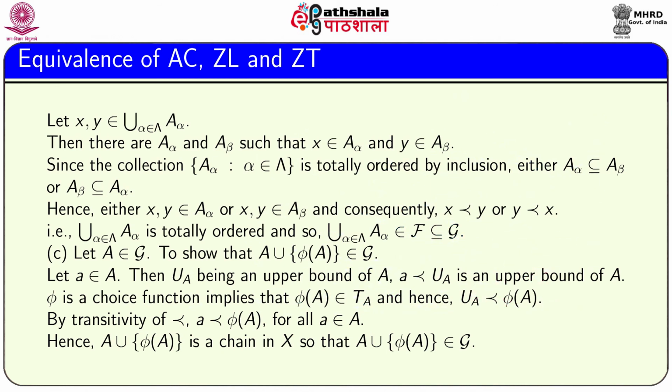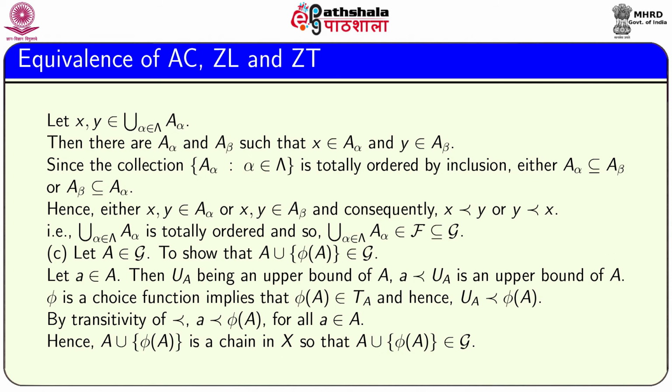Since the collection A alpha is totally ordered by inclusion, either A alpha is a subset of A beta or A beta is a subset of A alpha. Hence, either the points x and y both are inside A alpha or both inside A beta, and consequently x precedes y or y precedes x. That is, union A alpha is totally ordered, and so union A alpha belongs to script F contained in G.